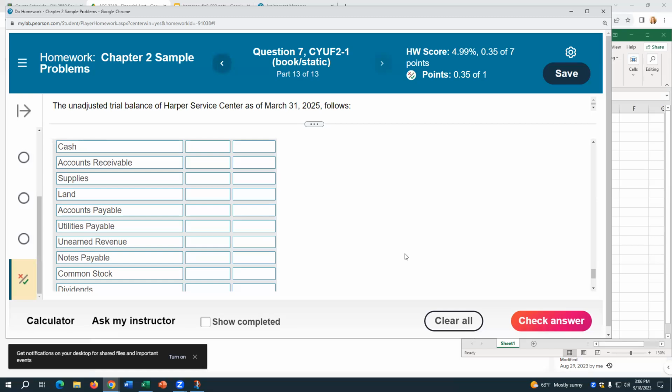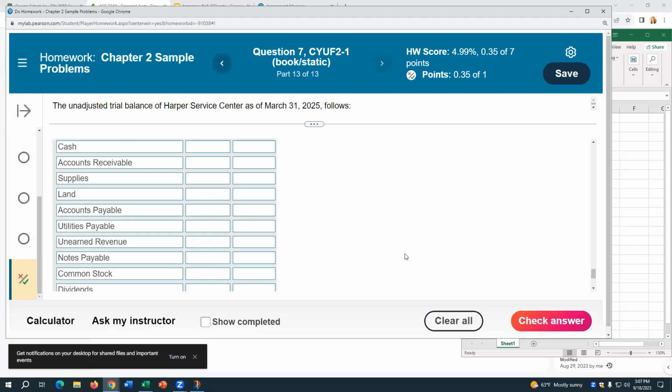Utilities payable is a sub-classification of payables. Unearned revenue, we've already received the cash, but we have to convert it into a service or product delivery in order to earn it. So it's considered less liquid, even though we've technically already gotten cash for that one.